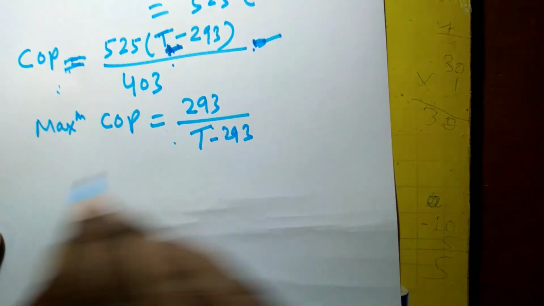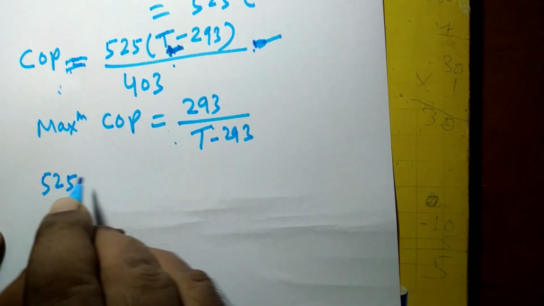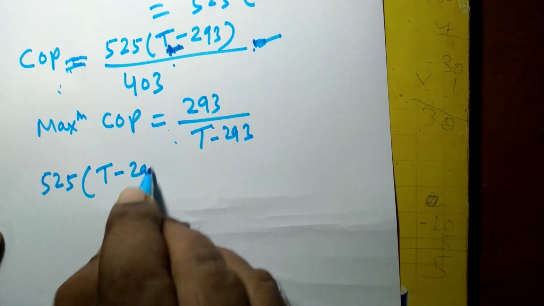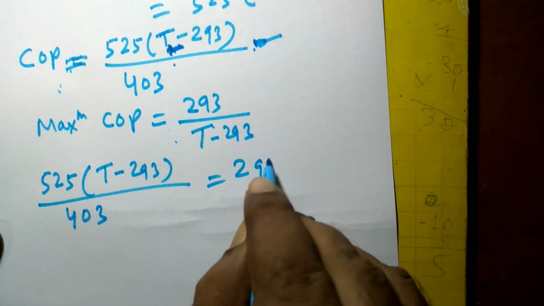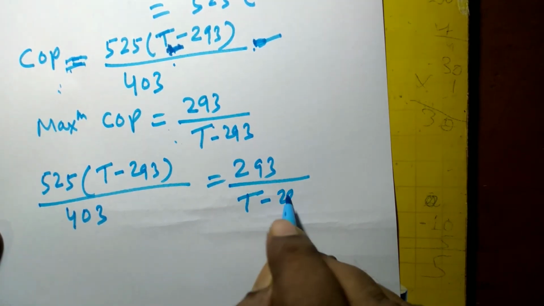So equating these two, 525 multiplied by T minus 293 divided by 403 equal to 293 divided by T minus 293.